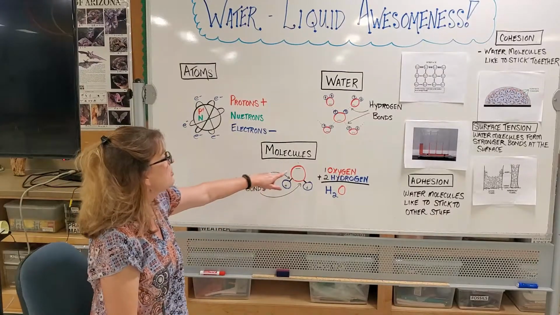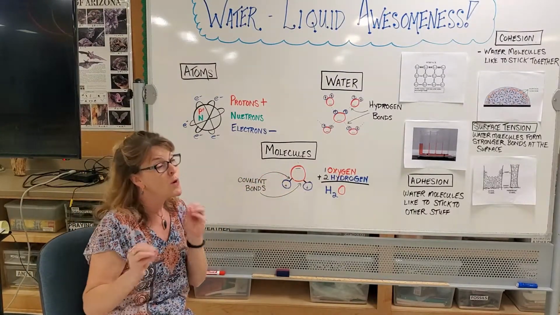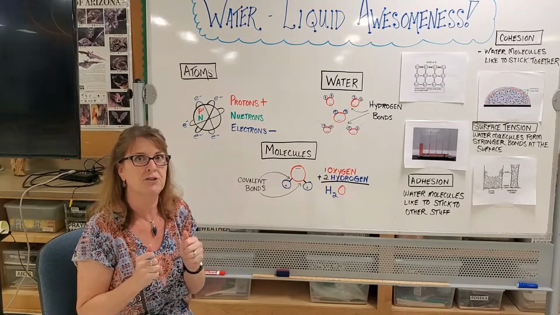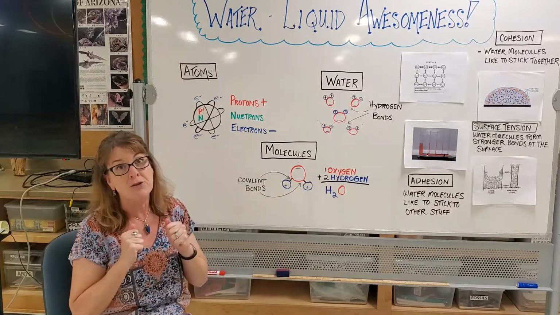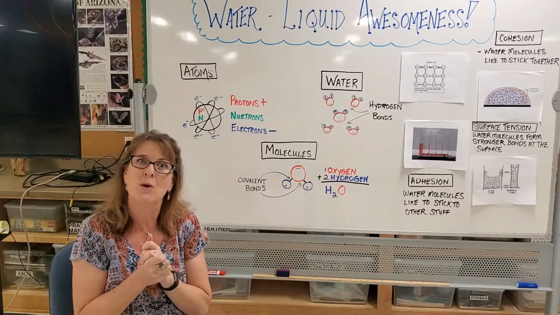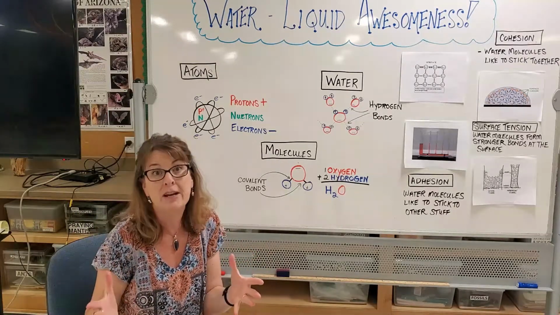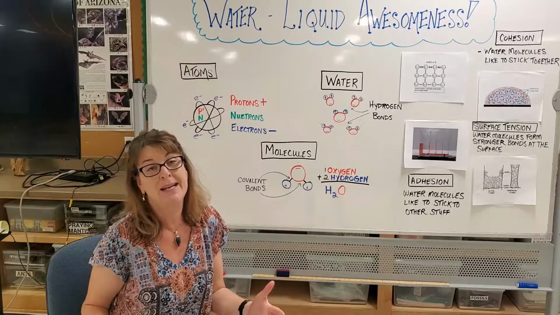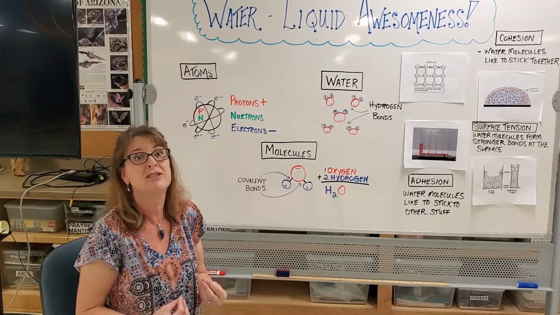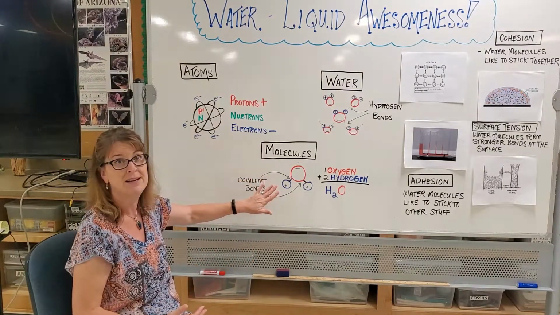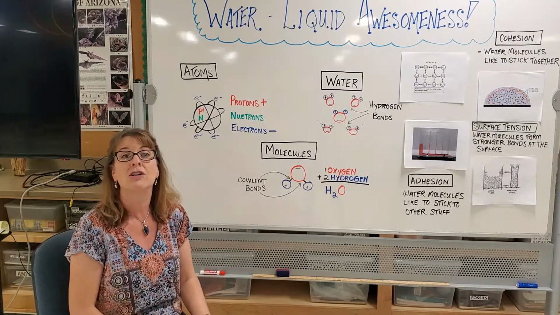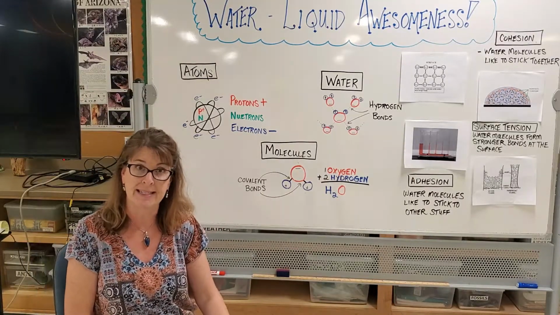And in water, you have oxygen, which wishes it had a couple more electrons, and you have hydrogen, which wishes it had one more electron. And when they find each other, they're like, hey, if we shared, everybody could have as many electrons as we needed. And so they form these bonds and stick together called covalent bonding.